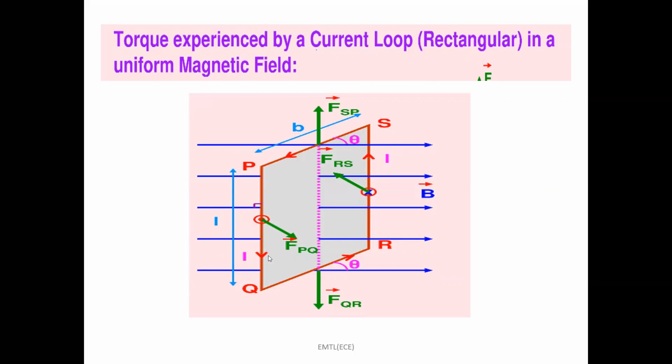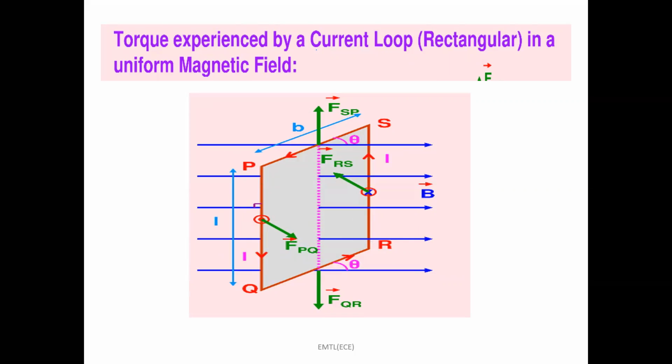Whenever a current carrying loop is placed in a magnetic field, as we discussed according to Lorentz magnetic force, it automatically starts rotating. Due to that, a torque is acting on the dipole.